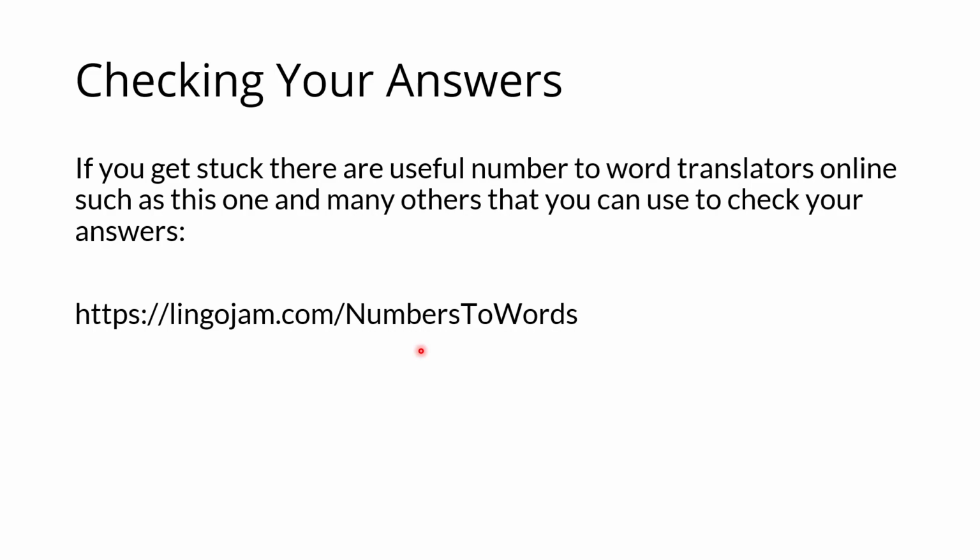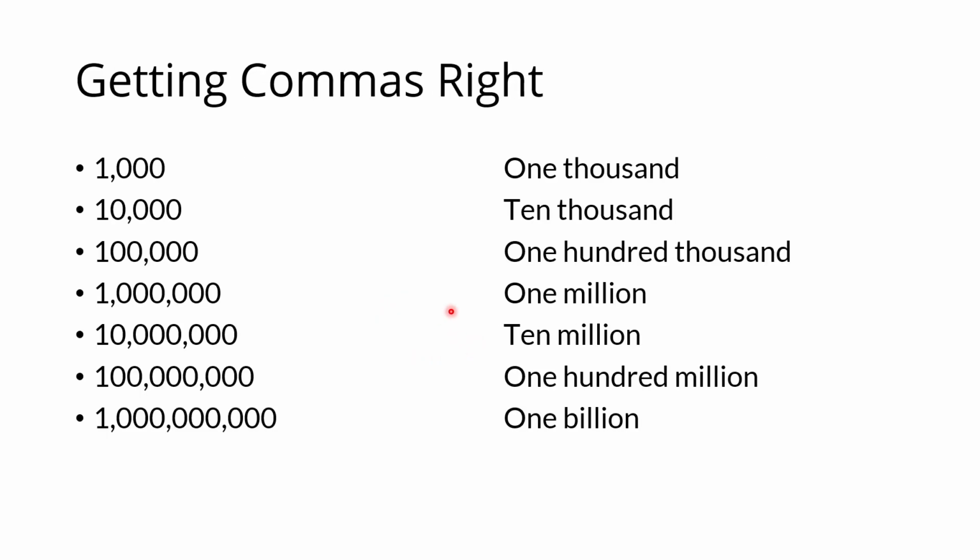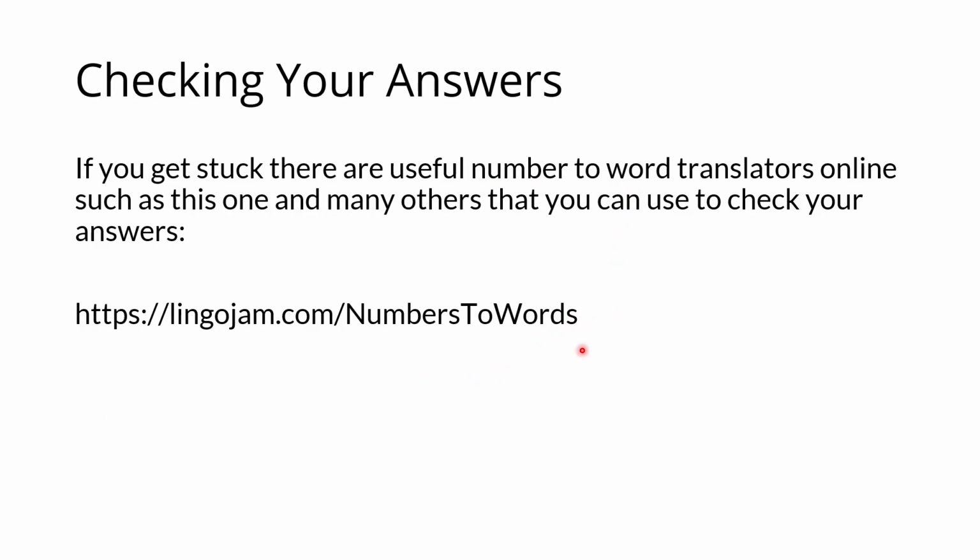So for example, if you input 1000 like so, it will output 1000 in word form. So these are really useful if you get stuck. I highly recommend them. This one is a good one. I've tested this one.